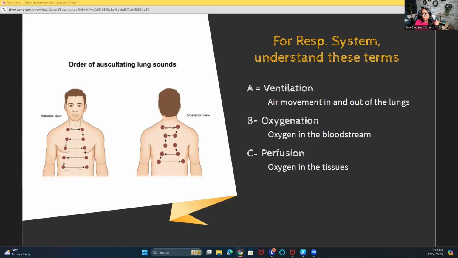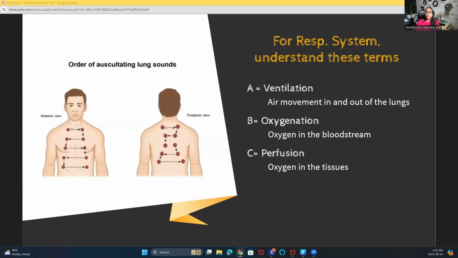Now we discussed the auscultation. Now we will be covering what we should do if there is a compromise in ventilation, oxygenation and perfusion. I will teach you about some of the treatments today. And we will discuss the problems tomorrow, because as soon as I tell you the problems, you are going to teach me.